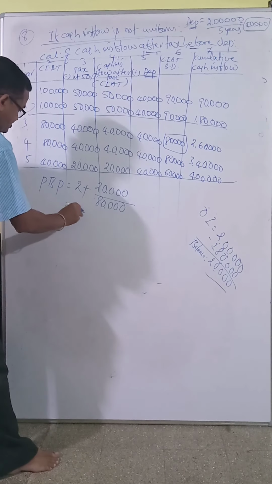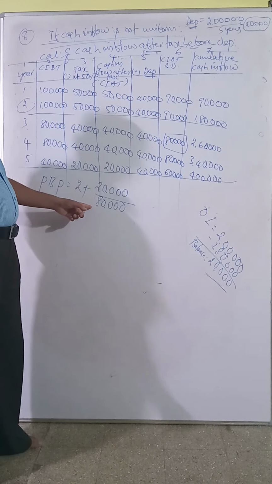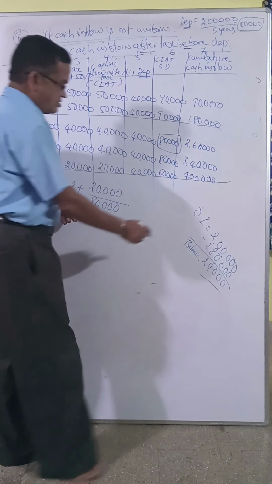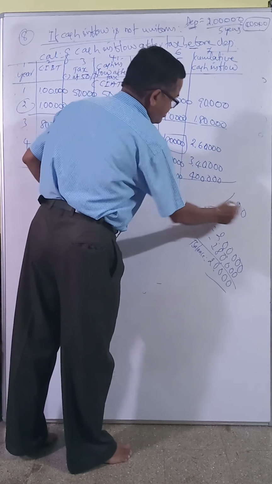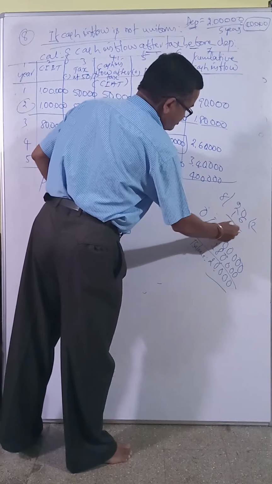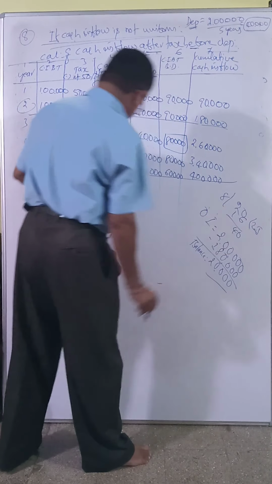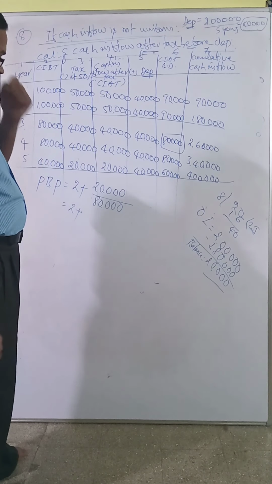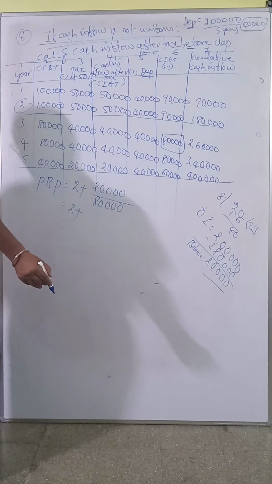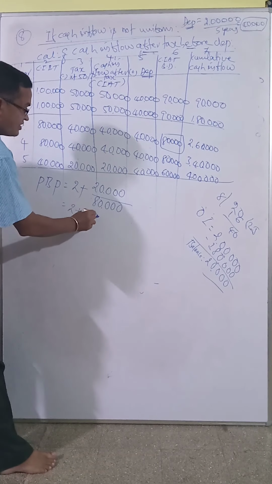Now 2 plus 20,000 divided by 80,000. 20,000 divided by 80,000 is 0.25, yes, 0.25.